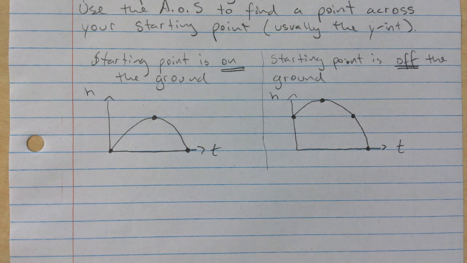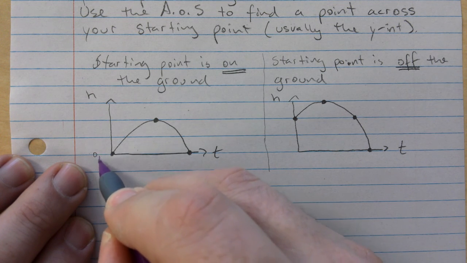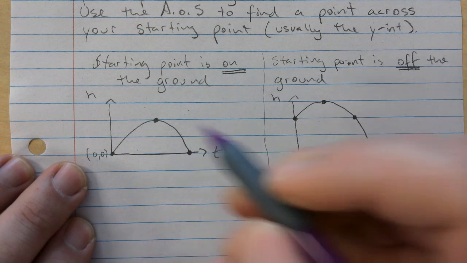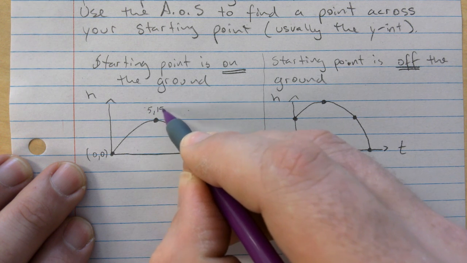Okay. So here, obviously, if you're starting on the ground, then it's 0, 0. And let's say we had 5, 15 up here.